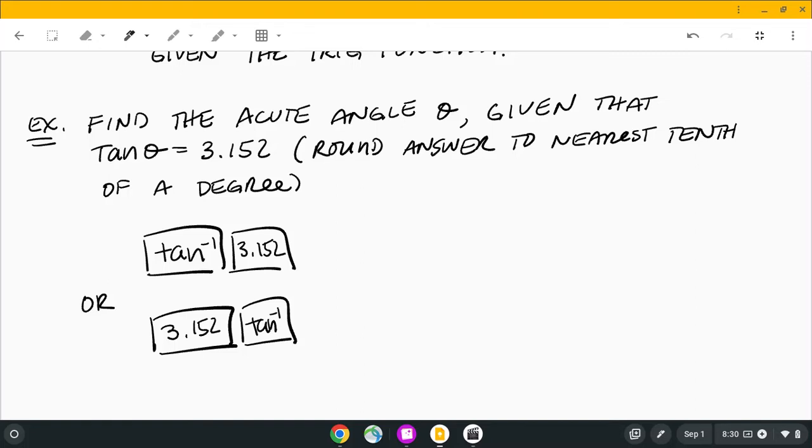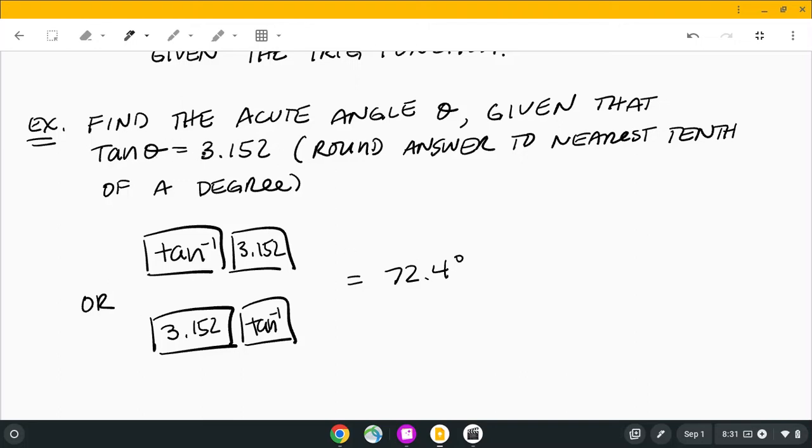Whichever one you use, you should get 72.4 degrees. We're rounding to the nearest tenth. So that's how you find a missing angle.